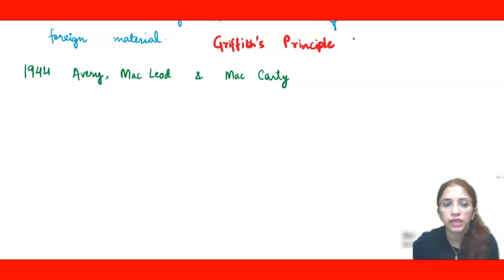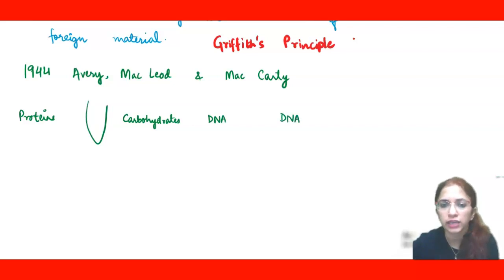So they took the heat-killed S strain and they separated the components into carbohydrates, proteins, DNA, and in one of the components they used DNA, but along with that they used an enzyme called DNase as well.